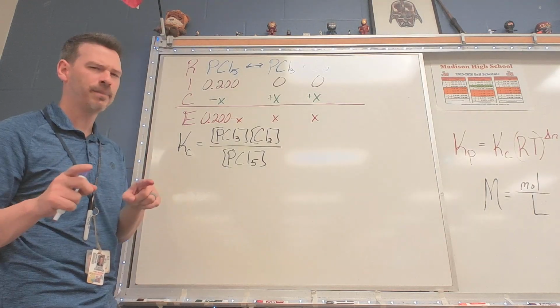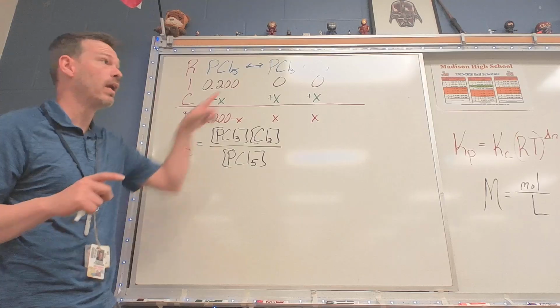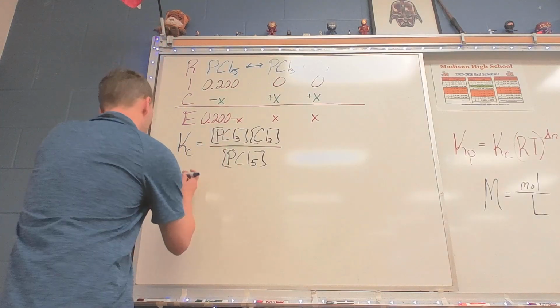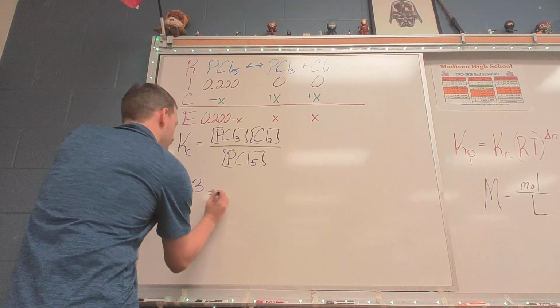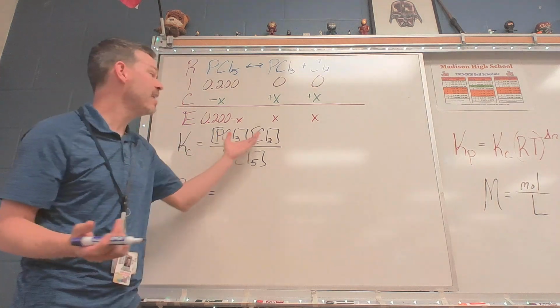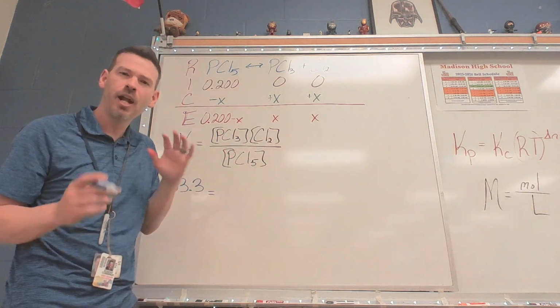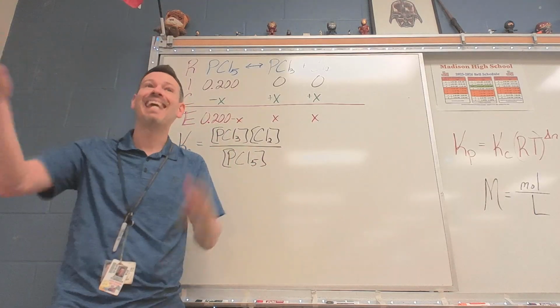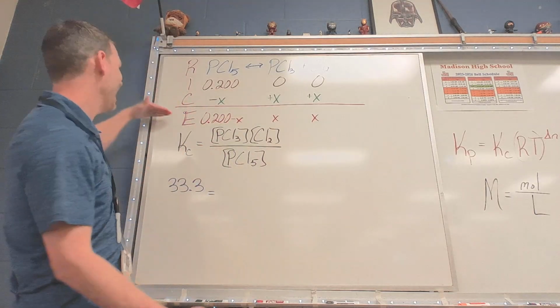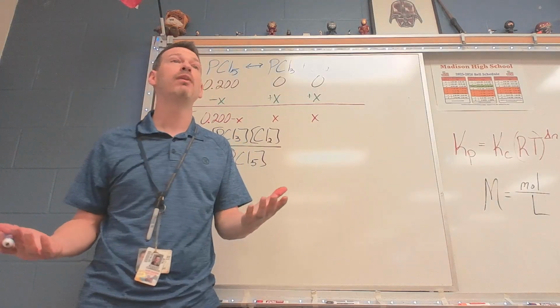Substitute. I know some things. I know Kc. What is it? It's 33.3. It's given. I know stuff here, just not all the numbers. Remember, the only thing that can go into a K equals is equilibrium stuff, the E row. So let's put in the E row.